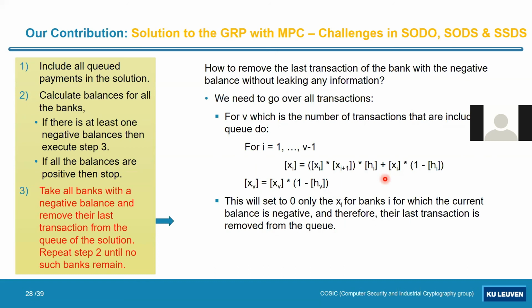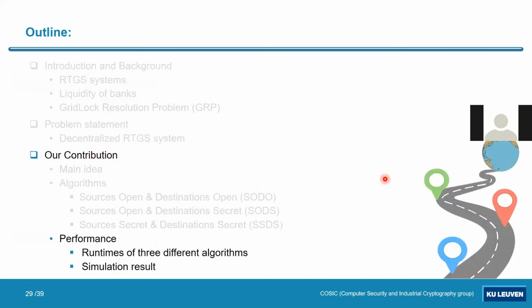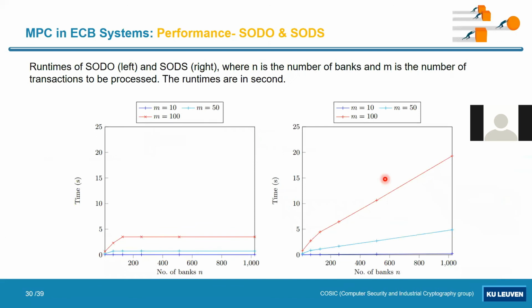We are making the transactions one by one 0. These are the challenges that we had in our algorithms, and now let's move to our performance and results.